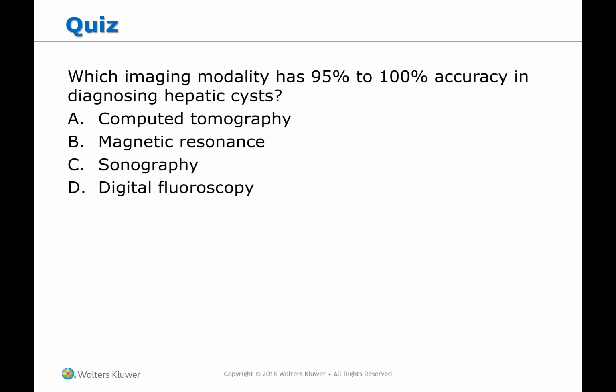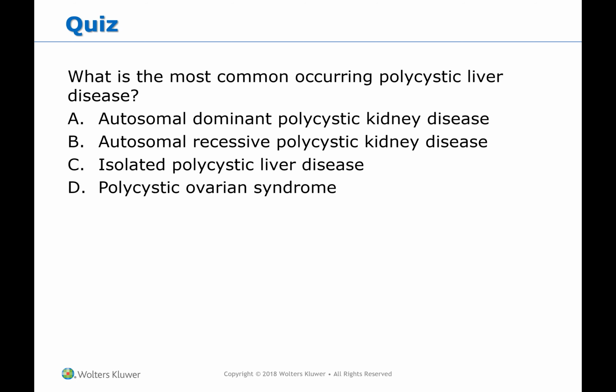Which imaging modality has 95% to 100% accuracy in diagnosing hepatic cysts? If you said sonography, you are correct. We can really do that really well. What is the most common occurring polycystic liver disease? Autosomal dominant polycystic kidney disease is the more common polycystic liver disease. So A.